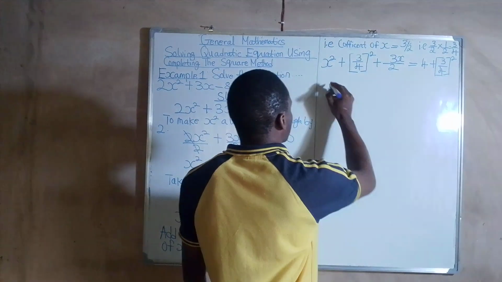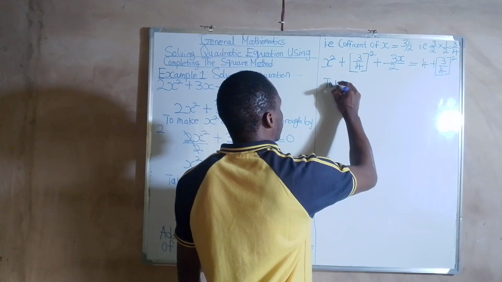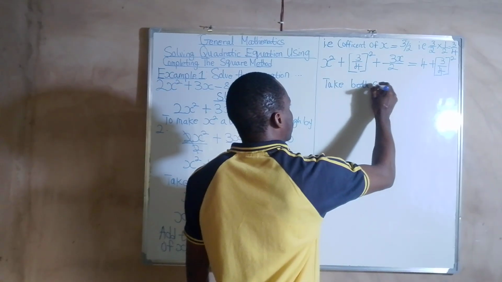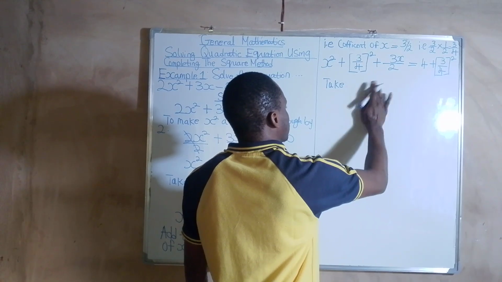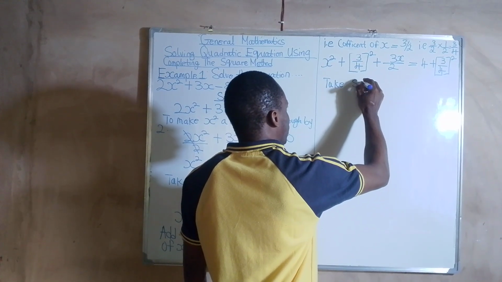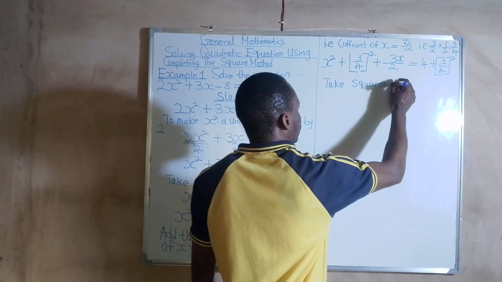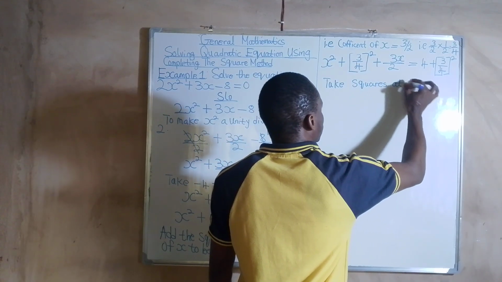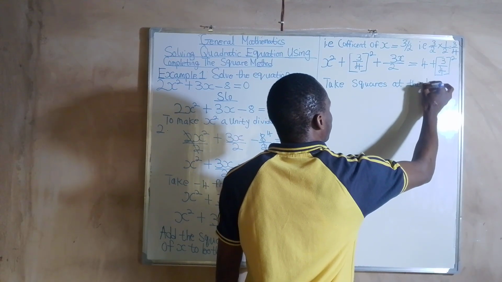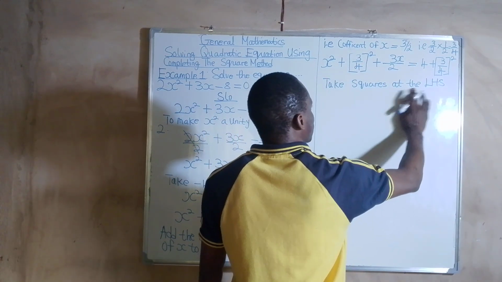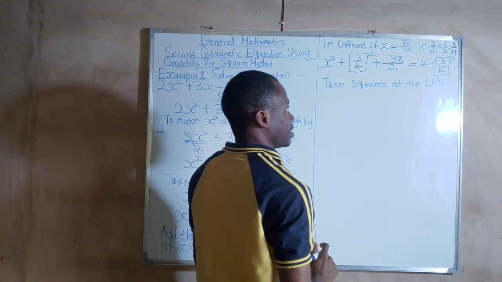So take squares at the left hand side. Take squares at the what? Left hand side.